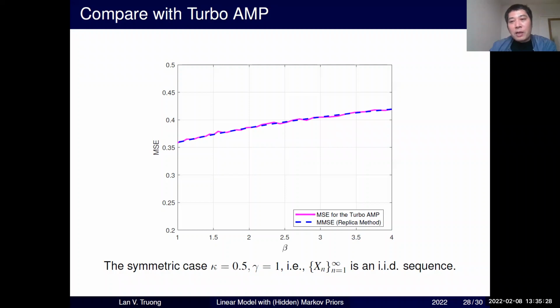If we put assumptions more on the matrix, then I think the problem will be harder. Yes, it will be harder. We can imagine that if Xn is IID, then we can change the function of x1, x2, xn into a product of functions f1 of x1, f2 of x2, up to fn of xn. Then when we take the logarithm and take the limit of 1 over n, we obtain the one-dimensional problem, right?